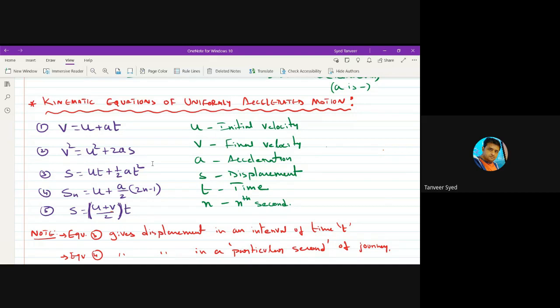Then, after remembering them, you should understand what equation gives you which quantity.